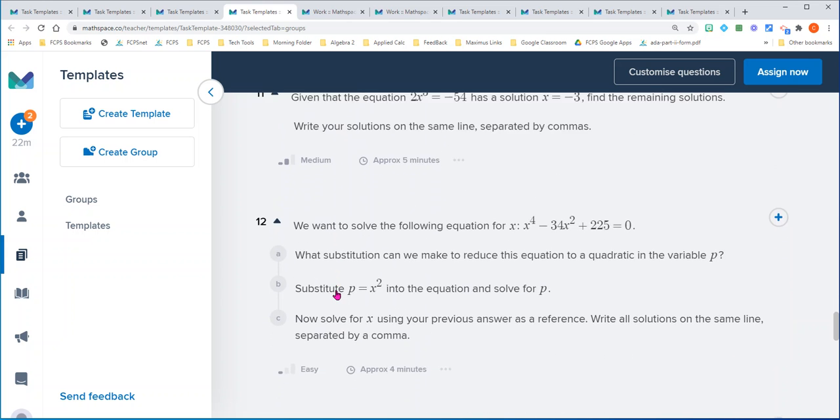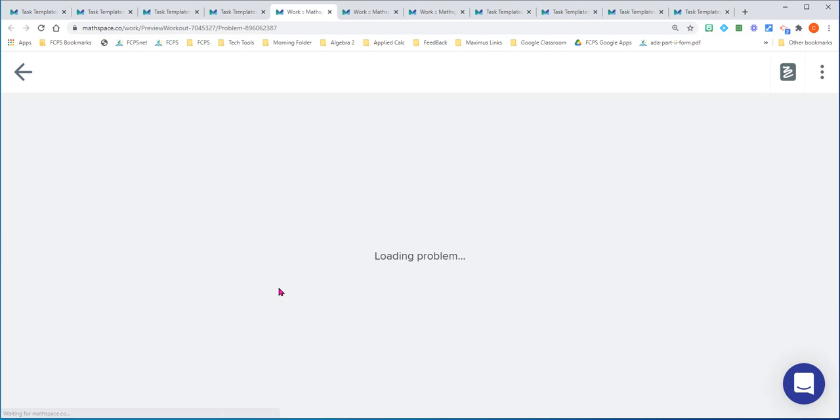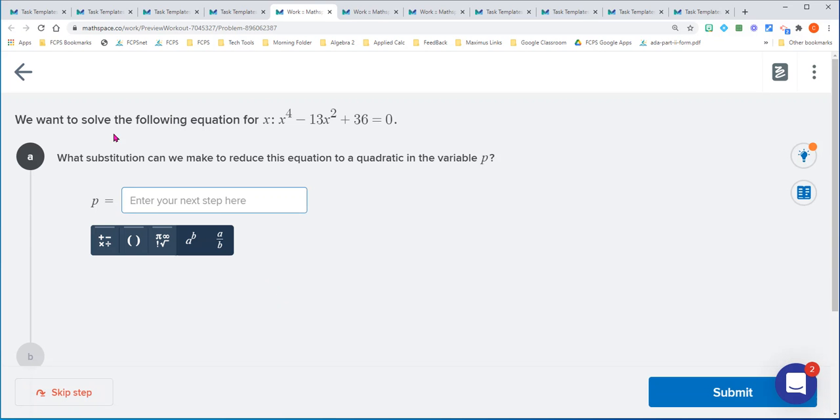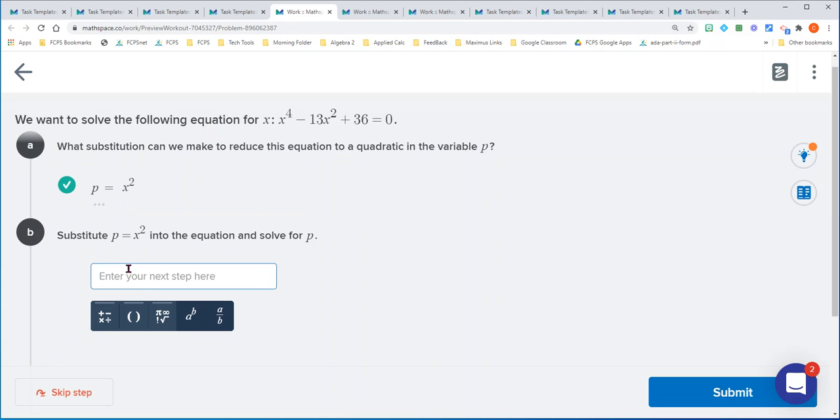Okay, I'm going to go ahead and do this question because I see it's multiple steps here. What substitution can we make to reduce this equation to a quadratic? So I'm going to say p equals x squared. Aha. Now it says substitute.